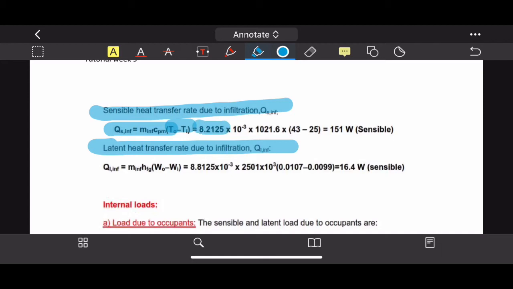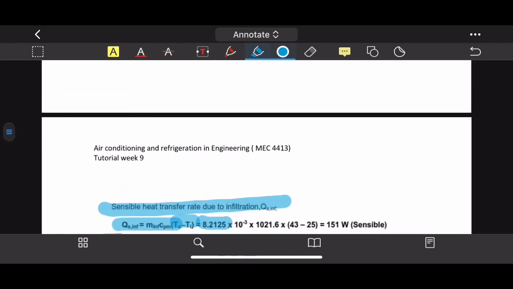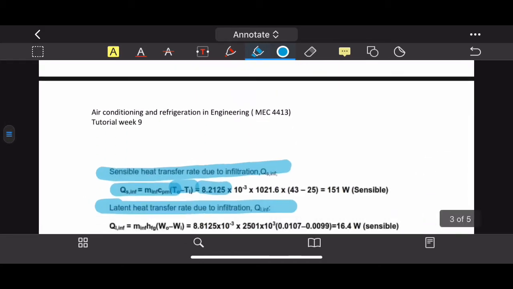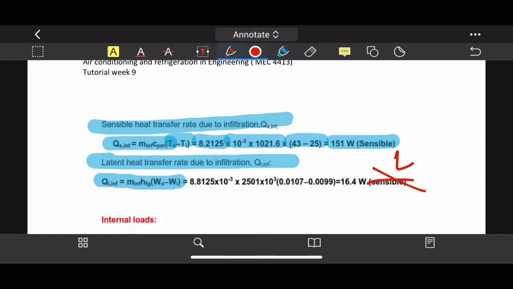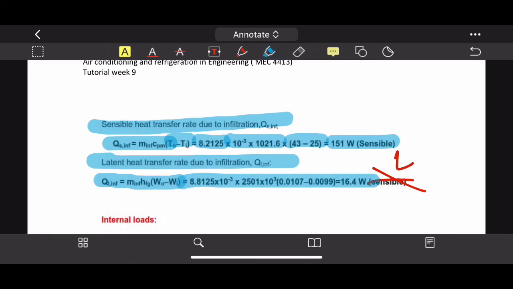So m is 8.2125 times 10 to the power of negative 3, which we calculated just now, times the CPM, which is given, and the temperature difference, and you get 151 watts sensible. And this one is Q latent infiltration, m times HFG times delta omega. So put all the answers in, you get 16.4 watts latent.